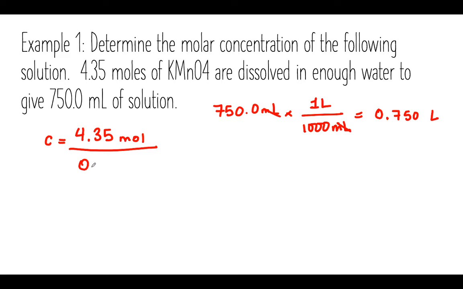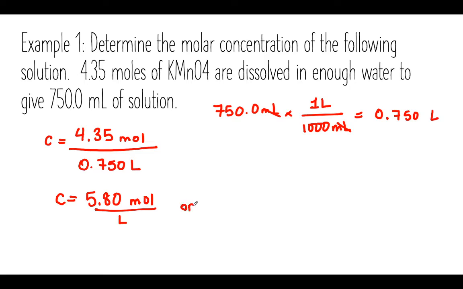So 0.750 liters. So I've got moles divided by liters. So my concentration is 4.35 divided by 0.750, which gives me 5.80 moles per liter.